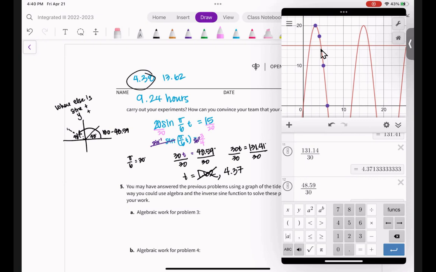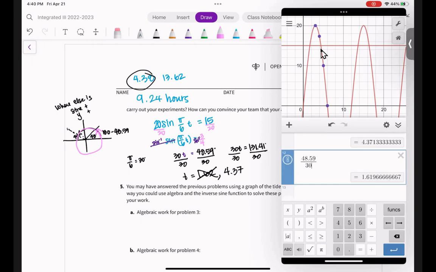This is going to sound weird, but notice that the tide is going to go in a complete circle, and then I'm going to go again here. So I'm going to add a complete circle, 360, and see if I can get that other one. Plus 360, and I get 13.62.